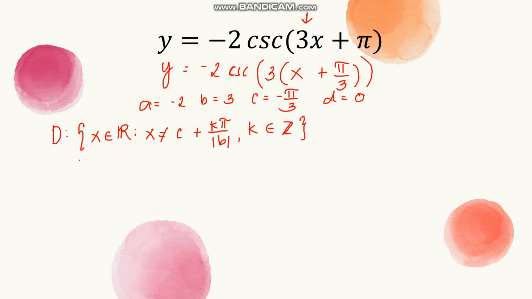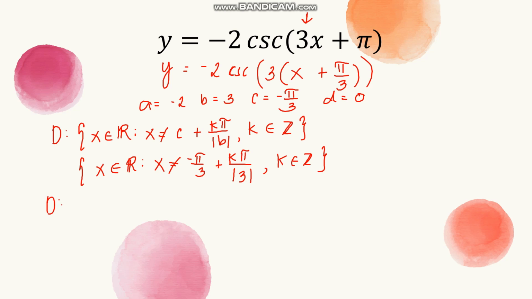And then let's substitute. x is an element of real numbers such that x is not equal to, and our c is negative pi over 3, plus k pi, and then for the denominator, absolute value of 3. Then just simplify this.